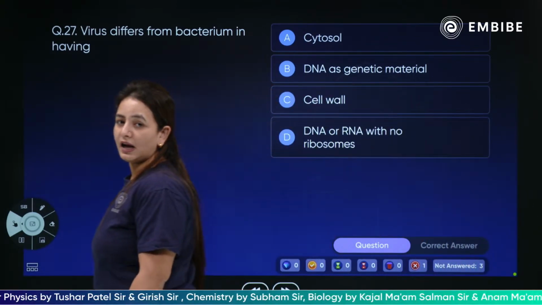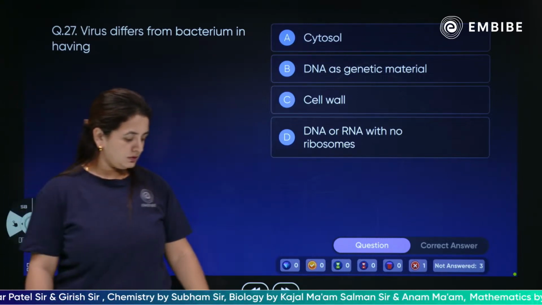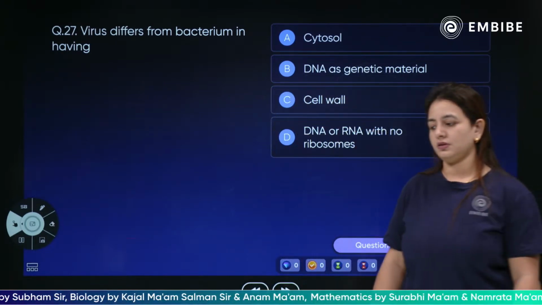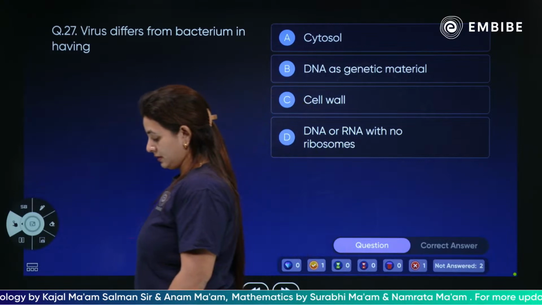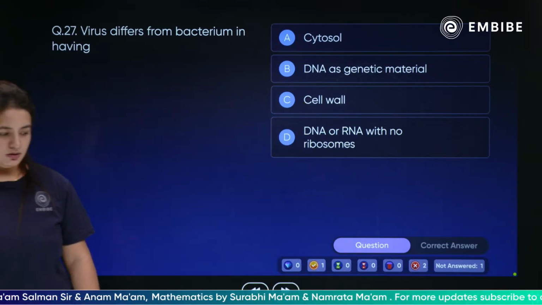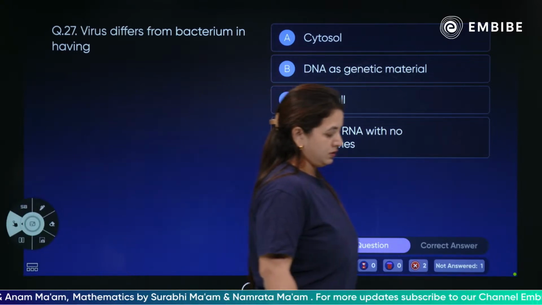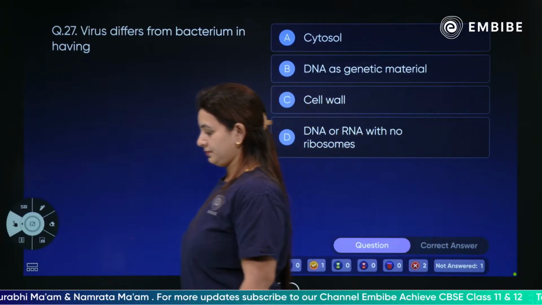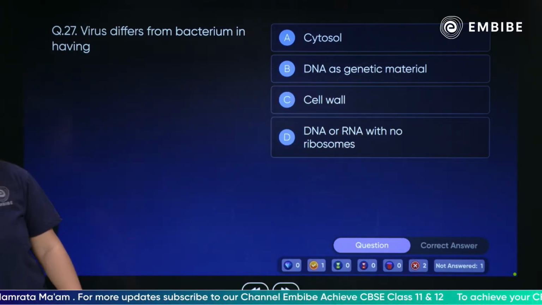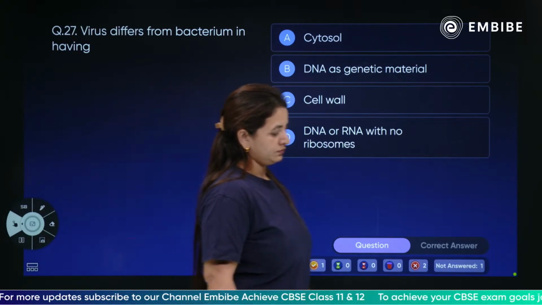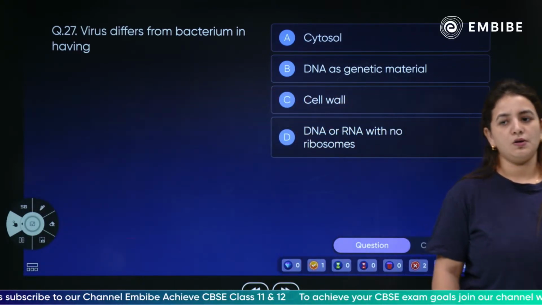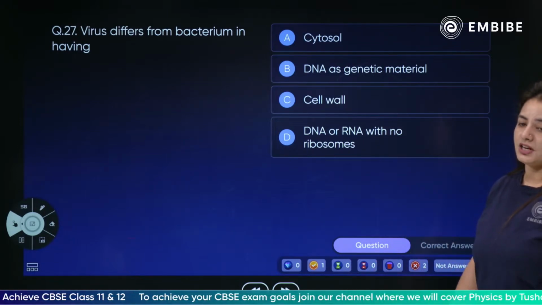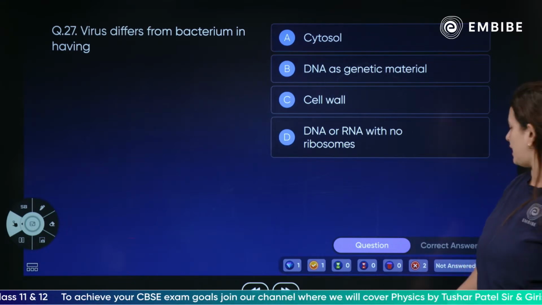Viruses differ from bacteria in having cytosol, DNA as genetic material, cell wall, or DNA and RNA with ribosome?